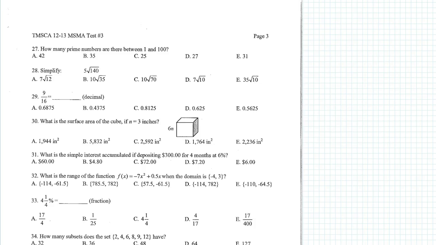Question 27. How many prime numbers are there between 1 and 100?